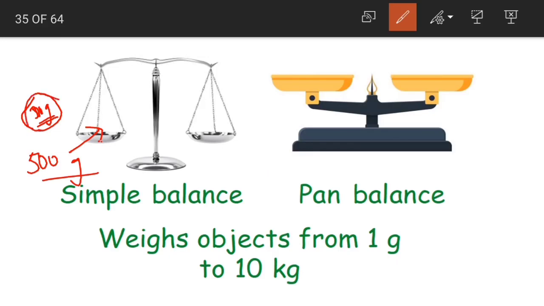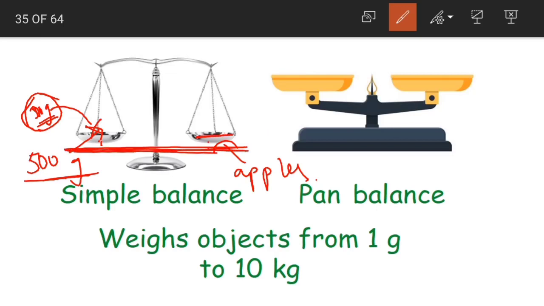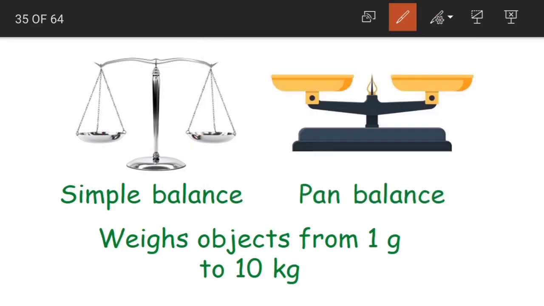So depending on that, now I want 500 grams. So I'll place 500 grams in this plate, and in the other plate they'll place apples. When both these plates are in a straight line like this, when they both are balanced, then it means that the weight of apples here is equal to 500 grams.